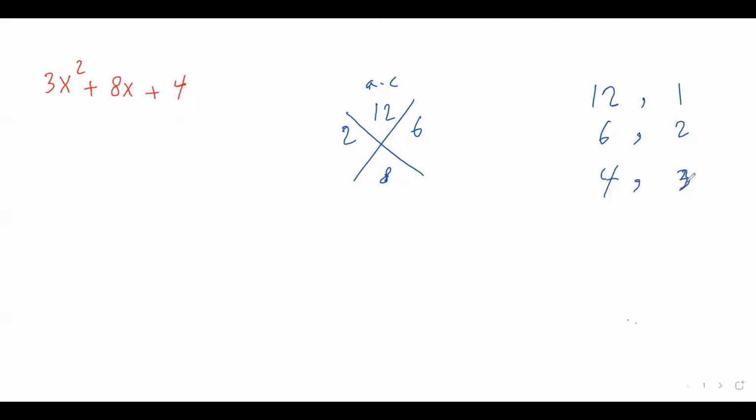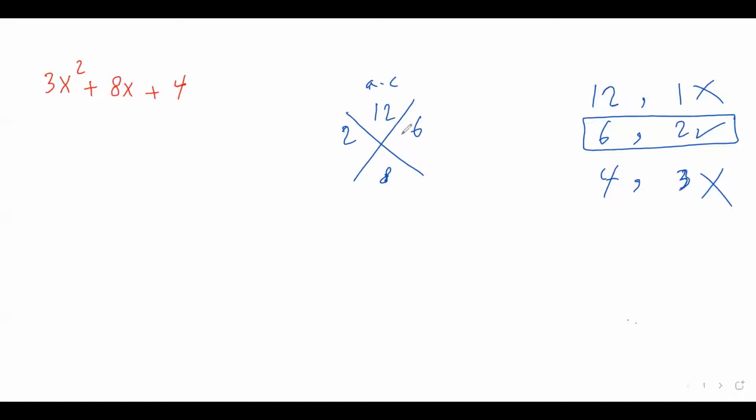And we try and see which one works here. 12 plus 1 is 13. This one doesn't work. 6 plus 2 gives me 8. So this one works. 4 plus 3 is 7. This one doesn't work. So the numbers which work in this case are 2 and 6.